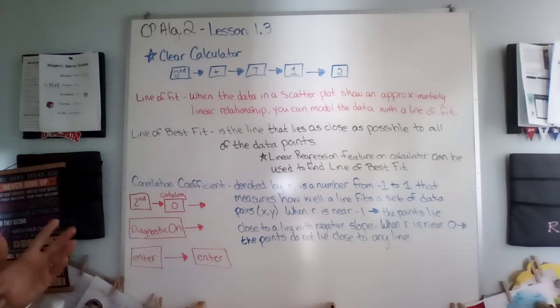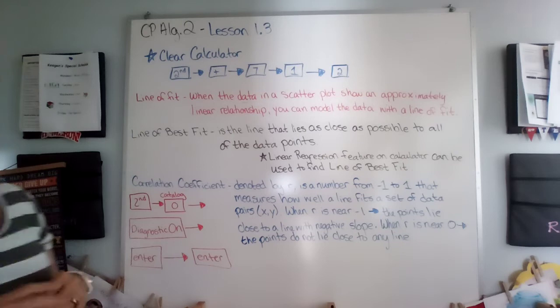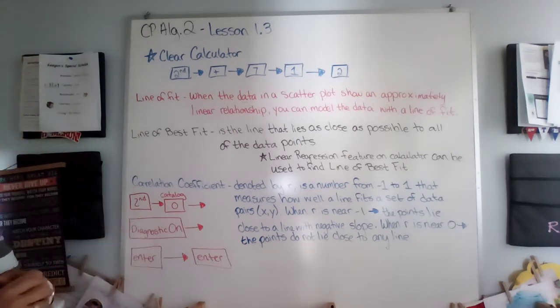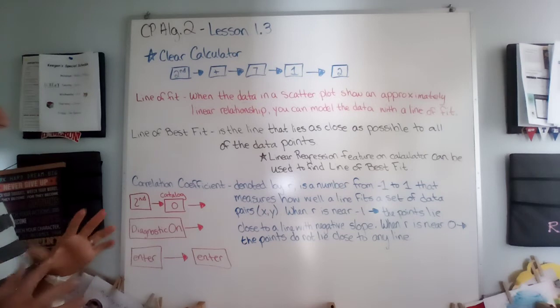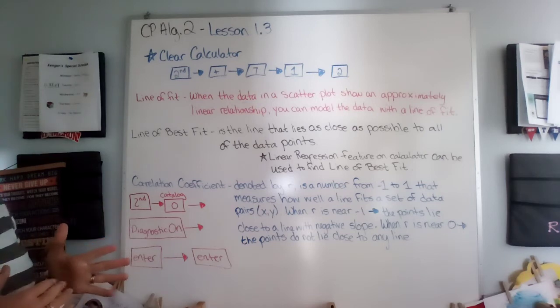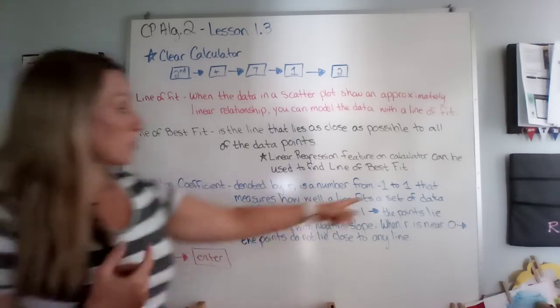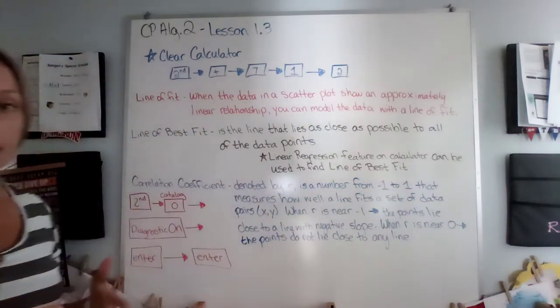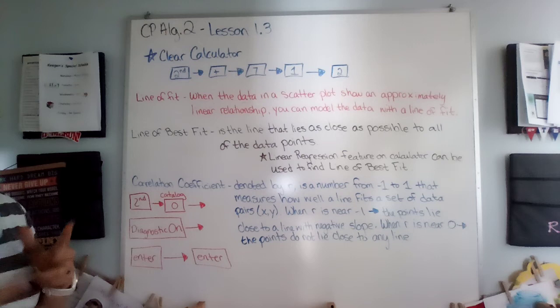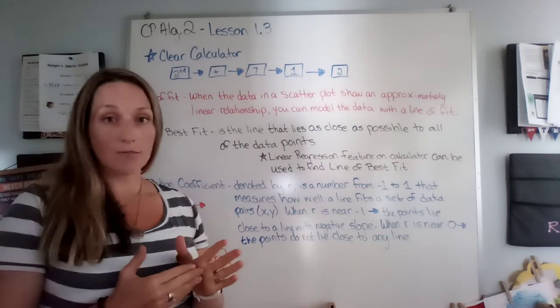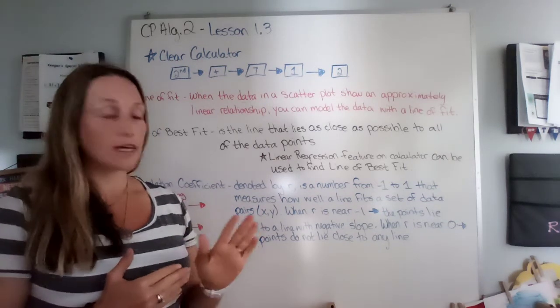When R is near -1, so if you have something like -0.9876, that means that the line lies very close to all of the data and the line has a negative slope. If the R value is close to 1, so if it's a positive 0.897 or something like that, that means that the line is a good line of fit. It sits very close to all the data points and your slope is positive.